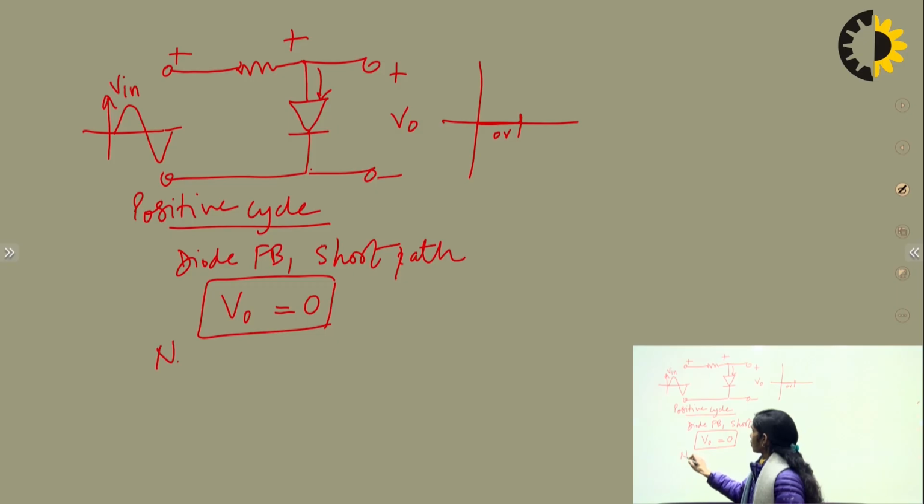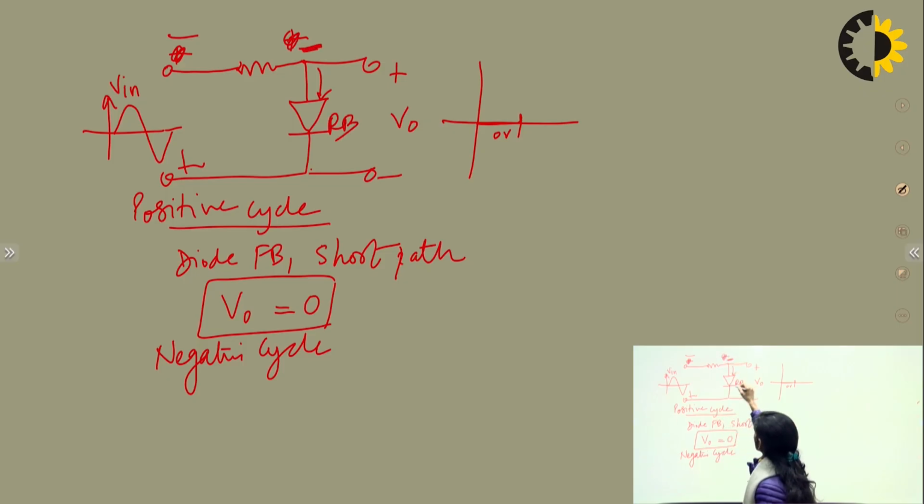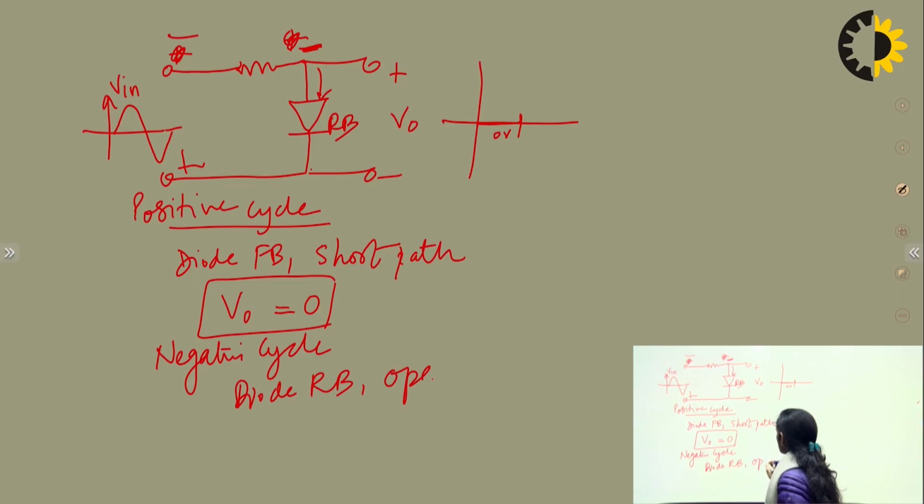Now if we talk about the negative cycle, this will become negative and this will become positive, so this diode will be reverse biased here. If the diode is reverse biased, again no current flows, and the circuit will be open.